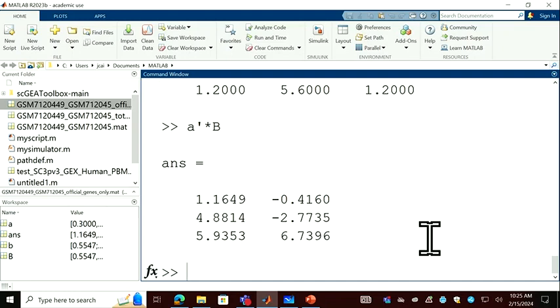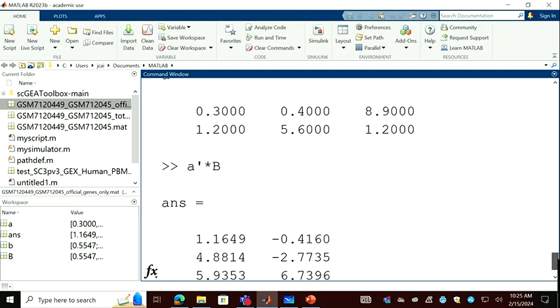I can do one as the original A, but I can add more data points next to A. Once I apply the same operation, 0.3, 1.2 become 1.1649 and a negative number.